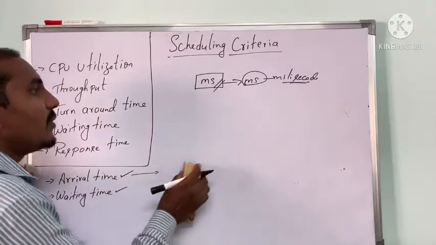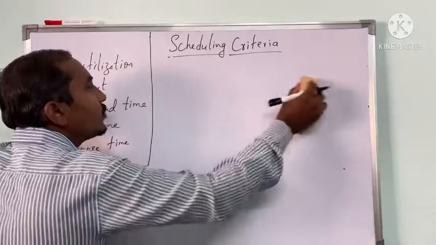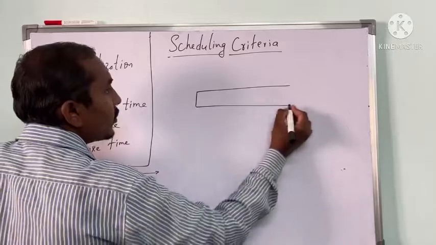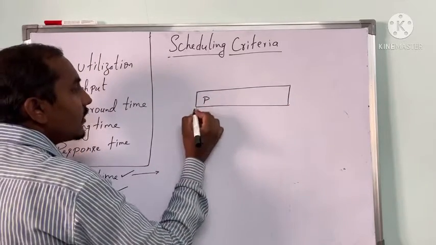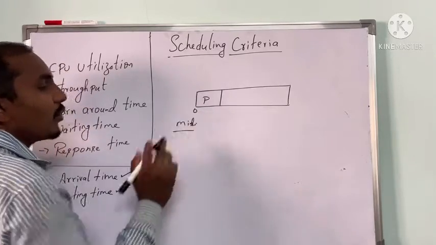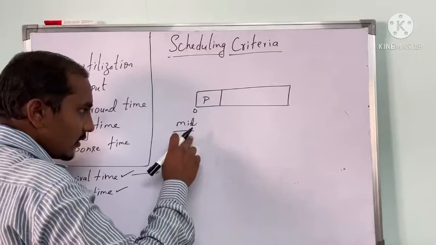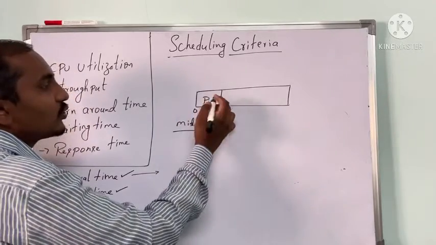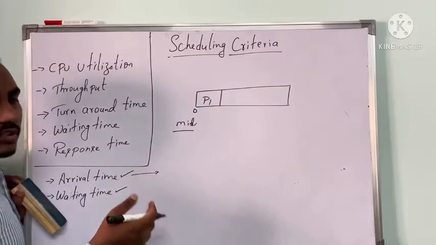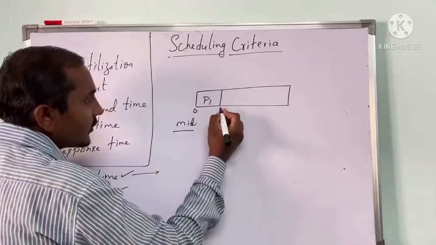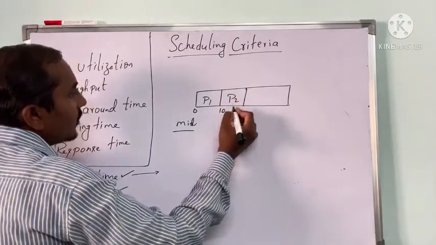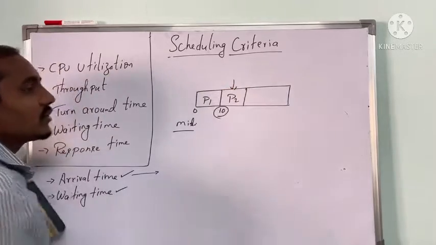So if I start a process, that process will start at 0 milliseconds. Once a computer has started and loaded a process, at the 0th millisecond process 1 has entered. After a while, maybe a second or third process has started, so at 10 milliseconds we have one more process that has to be executed.